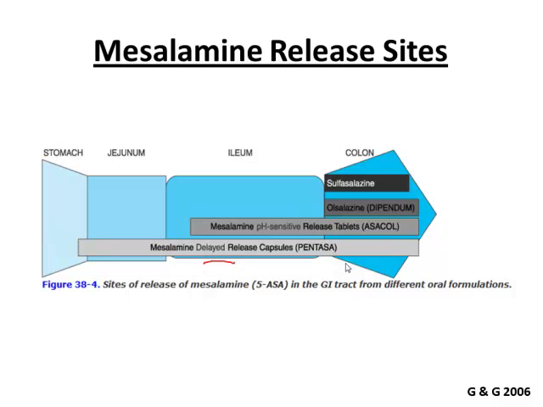So the delayed release capsules can be released throughout the GI system, and then you can have pH sensitive agents that are released further down the GI system, and then there's sulfasalazine and olsalazine, those precursors, those are released in the colon.